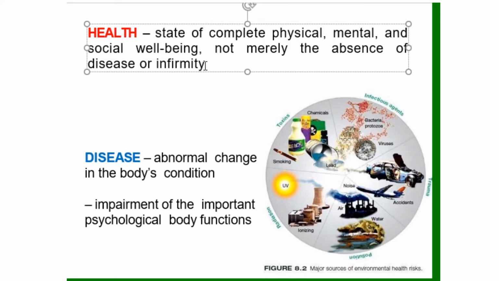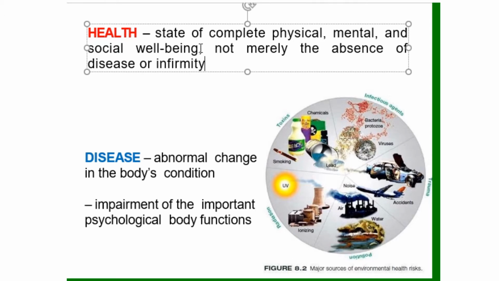So it doesn't mean that if you are healthy, you cannot get a disease. You can still acquire one from the environment, from the food that you are eating, from the individuals you are interacting with, perhaps in your houses, in your home, etc.